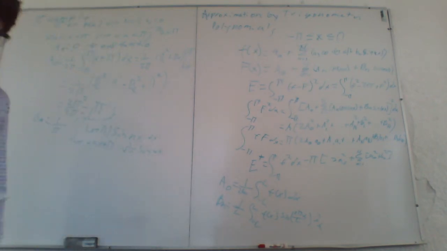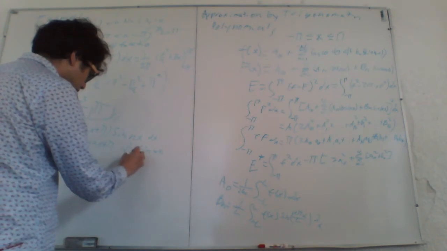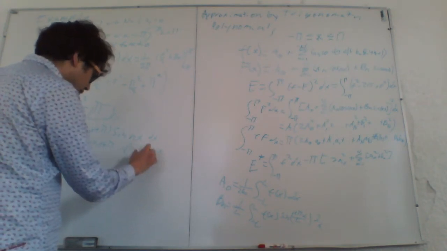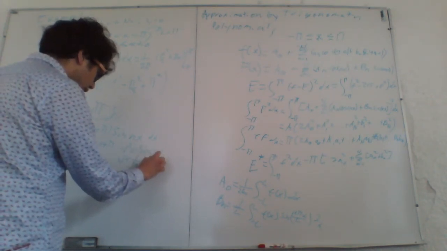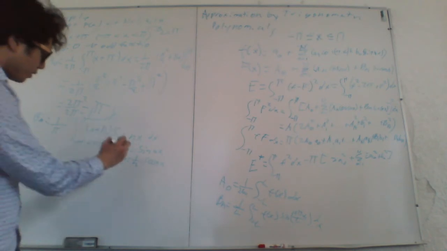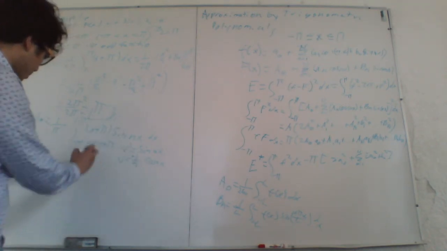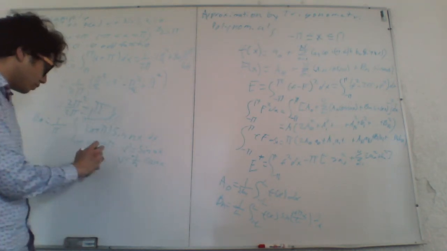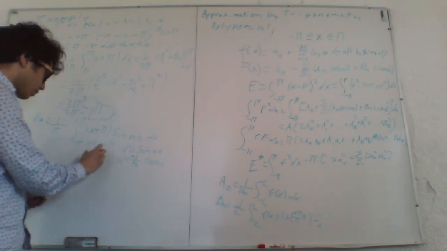So v is equal to minus 1 over n cosine nx. Yeah? But this is minus, sorry, minus. And the derivative of this one is dx.